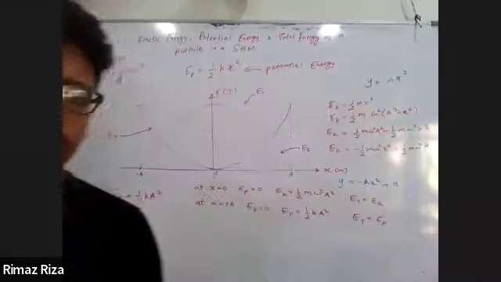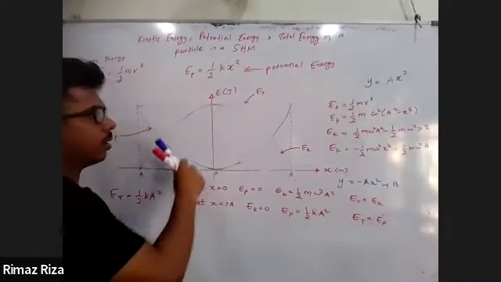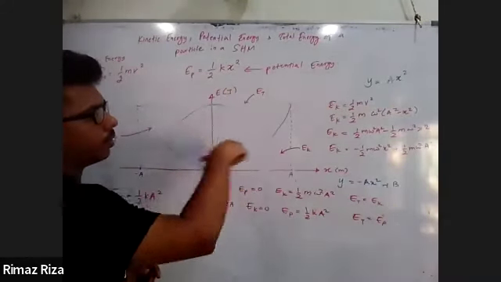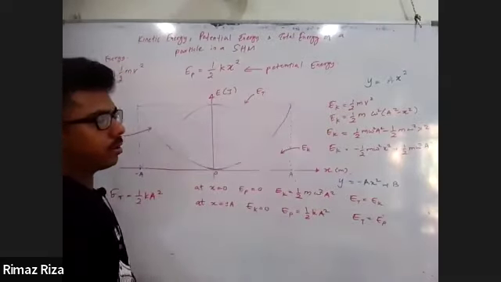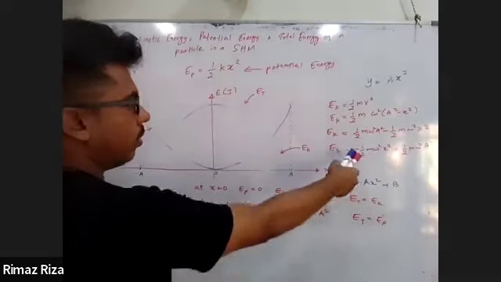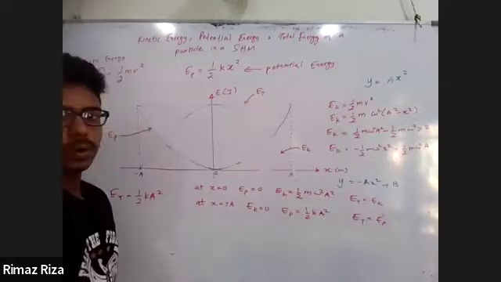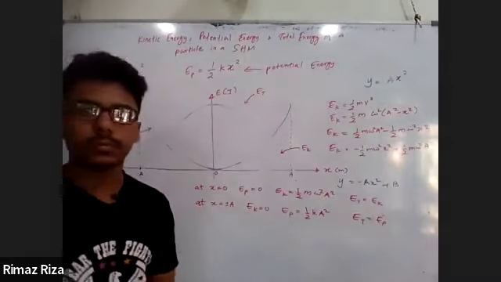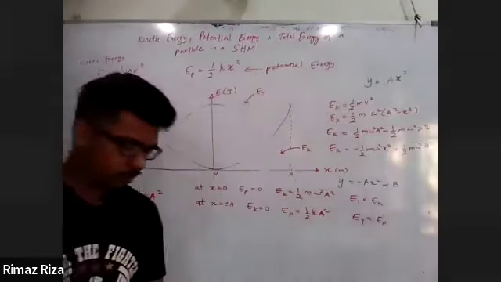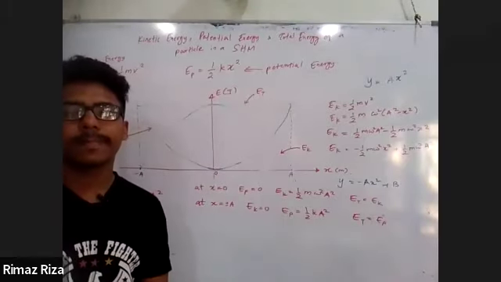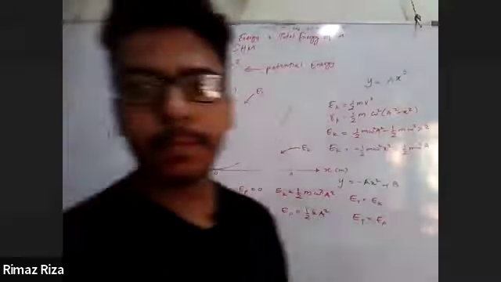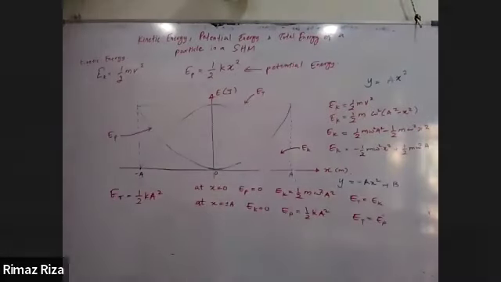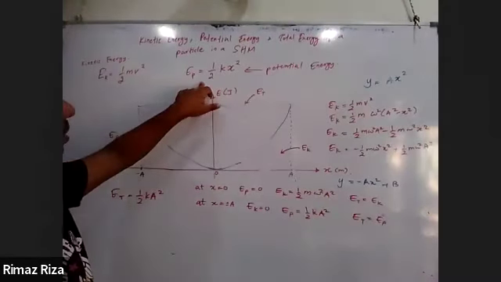Which part you didn't understand? The graph, how to plot the graph, or getting these equations? Equation. So this kinetic energy is straightforward.